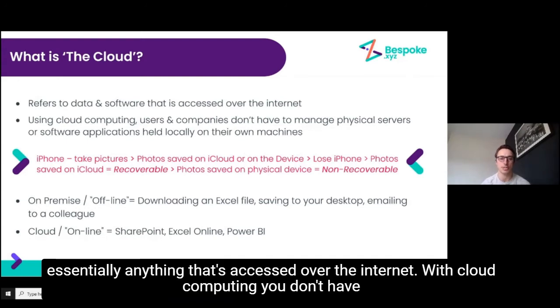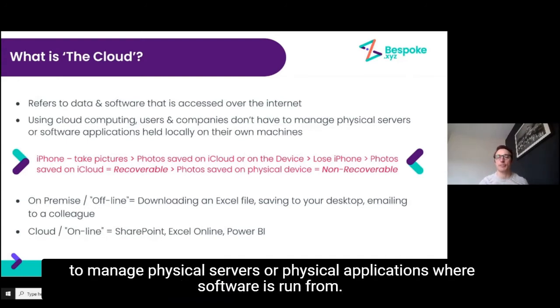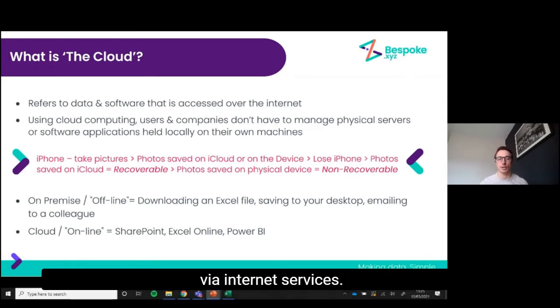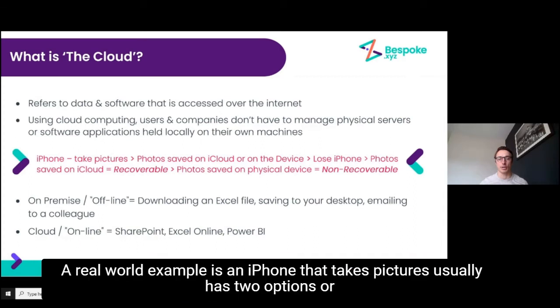So with cloud computing, you don't have to manage physical servers, physical areas where software applications are actually run from. They're not held locally on your own machines. It's all accessed via internet services. Just a real world example is if you've got an iPhone, you take pictures.